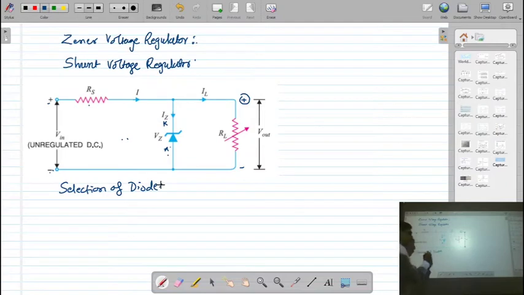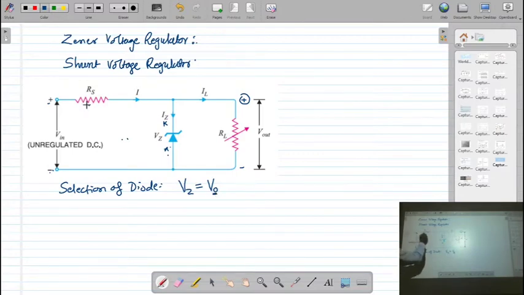Means when you are selecting the diode, the breakdown voltage must be equal to your required output voltage. Vz must be equal to Vo. Then also we have to see what is the power dissipation. That we will calculate later on.